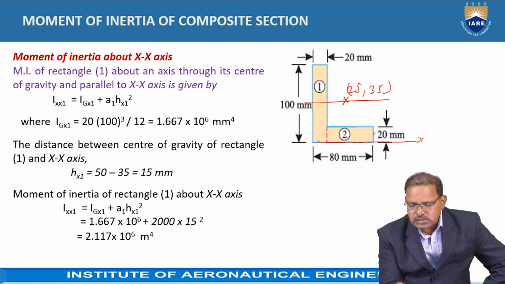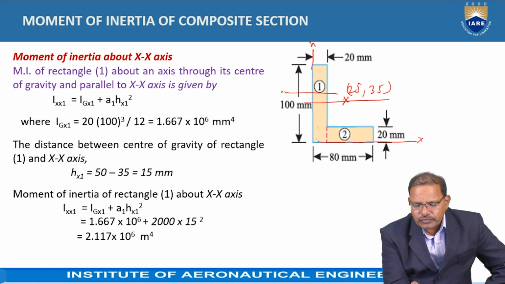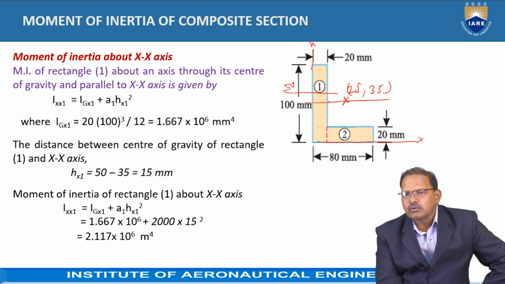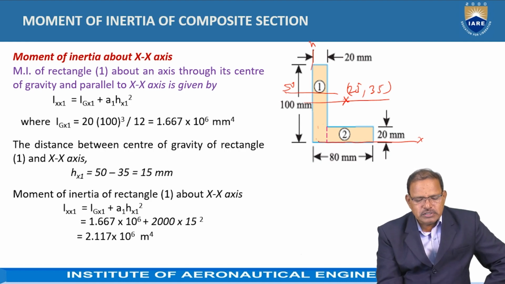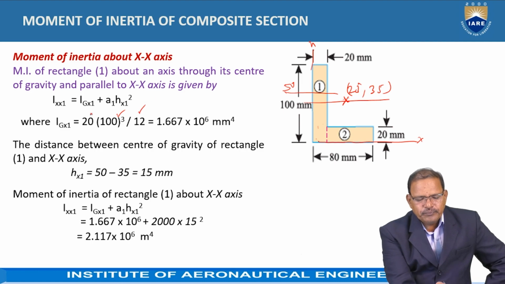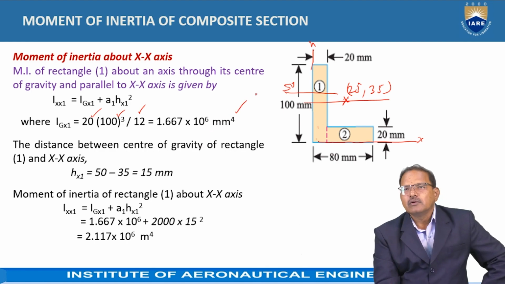This is known as the x-axis, it is known as the y-axis. Passing through the center, that is at a distance of 50 mm now. Since it is dividing the height into two parts, it is equal to 20 into 100 cube by 12, which is equal to 1.667 into 10 to the power of 6 mm to the power of 4 now.